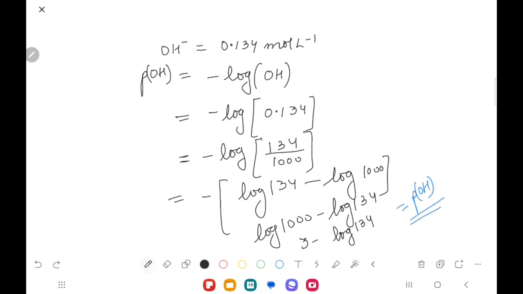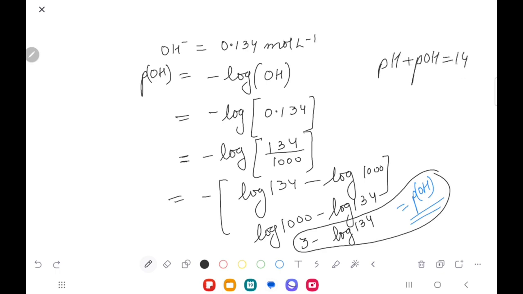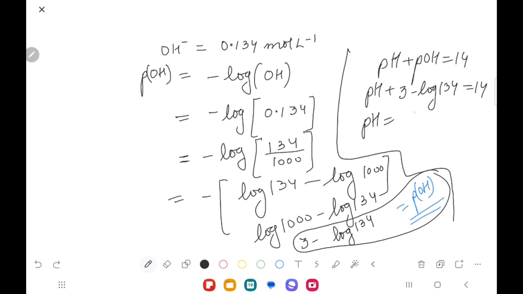Are you understanding, Shruti? Yes. Whatever this answer is going to be, I'm going to put it into this formula: pH plus pOH equals 14. So what is pH? I do not know. What is pOH? 3 minus log 134, and that is going to be 14. So pH is going to be 14 minus 3 plus log 134. So that is going to be 11 plus log 134.